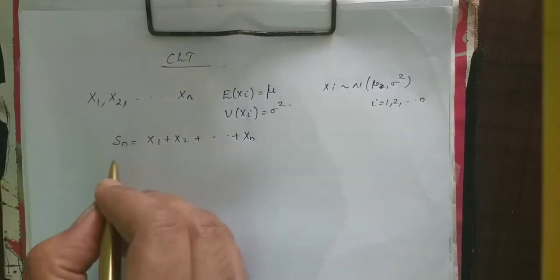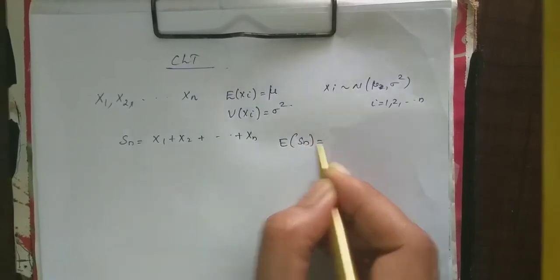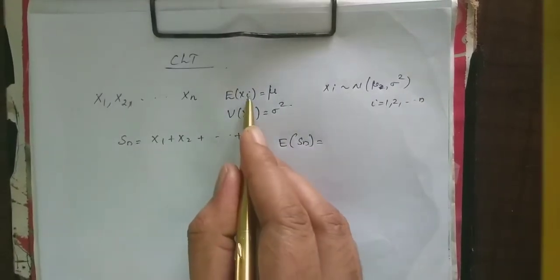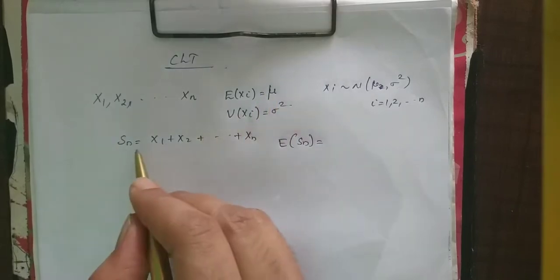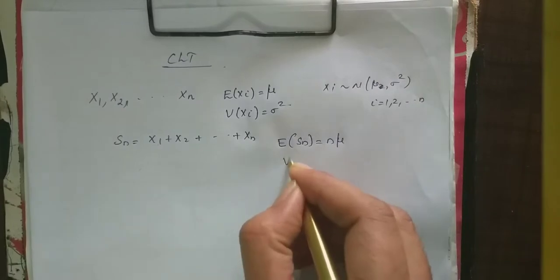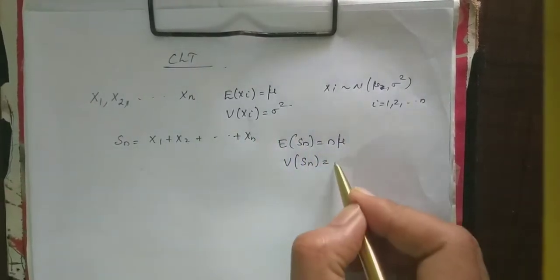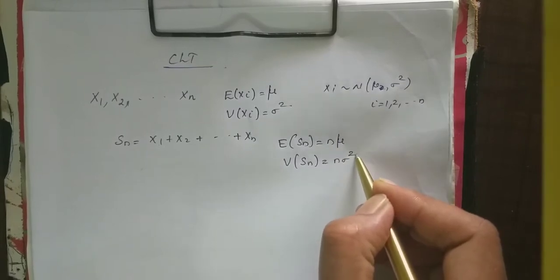The mean, expectation of Sn, is the sum of the means. Expectation of xi equal to mu, so Sn is mu plus etc. plus mu, that is n mu, and variance of Sn is sigma square plus etc. plus sigma square, that is n sigma square.